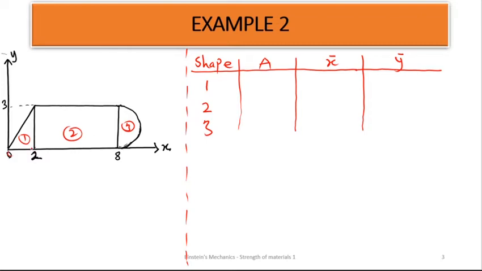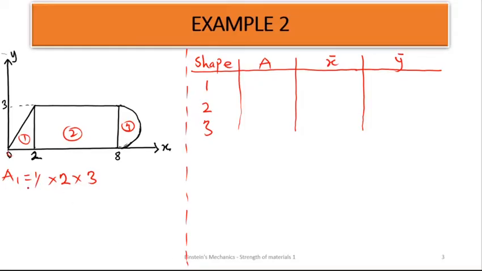The area for shape 1, we know that this is a triangle, and the area 1 is going to be half the base, that is 2, times, what do we have? The height, and that is also going to be what? 3. This is half, not 1/3.